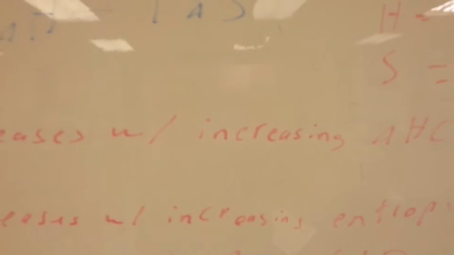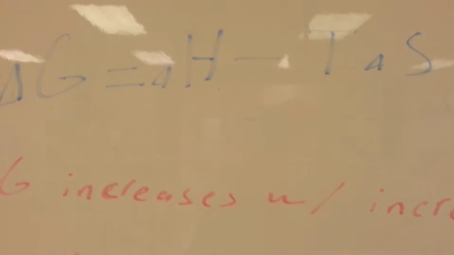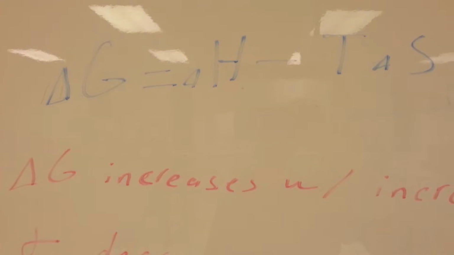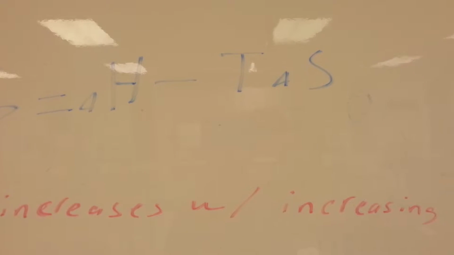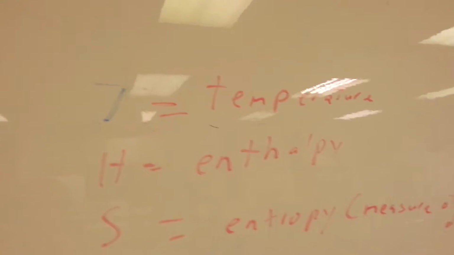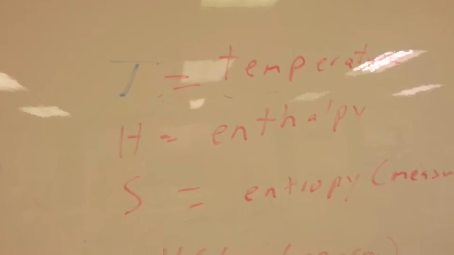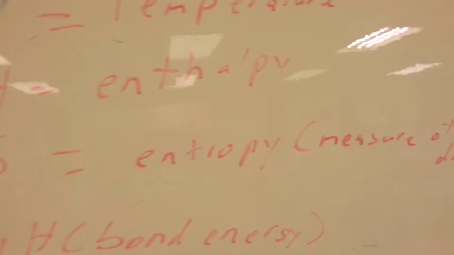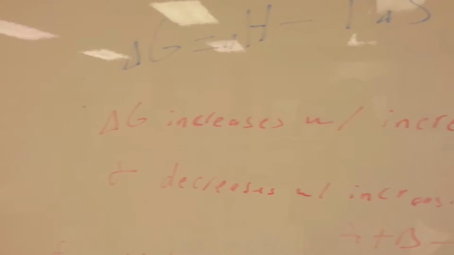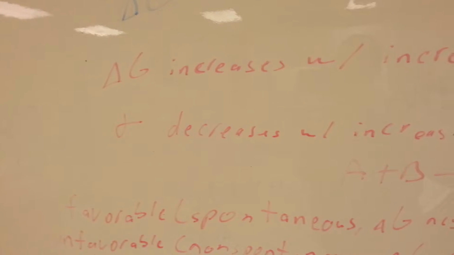Let's go through this one more time and then I'll give you some more information. Delta G is equal to delta H minus T delta S, where T is temperature, H is enthalpy, S is entropy, or measure of disorder. Delta G increases with increasing delta H, which is bond energy, and decreases with increasing entropy.